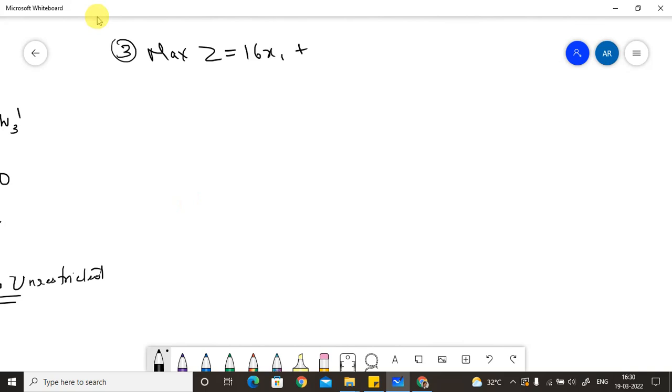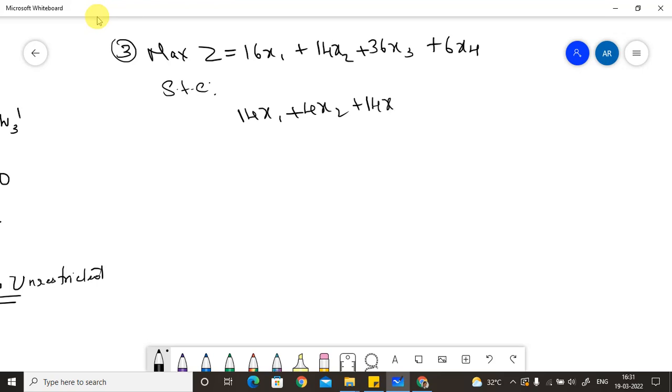16x1 plus 14x2 plus 36x3 plus 6x4, which are subjected to constraints: 14x1 plus 4x2 plus 14x3 plus 8x4 equal to 21, equality condition.